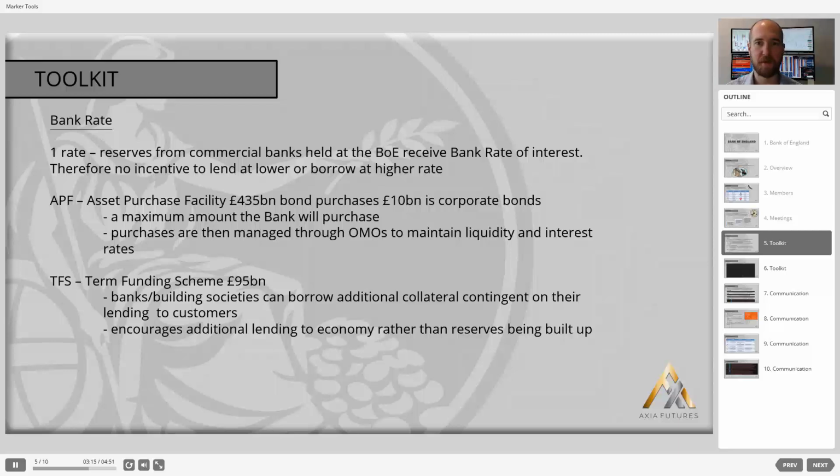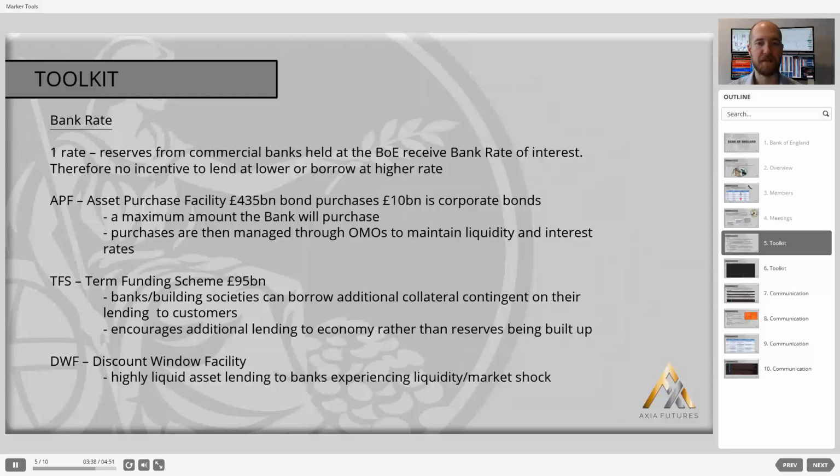The borrowing from the central bank, or the additional funding from the central bank, had to be lent out, and that was part of the scheme. The idea here is that it encouraged lending to the economy and encouraged the build-up of spending within the whole economy, rather than just a hoarding of cash as commercial banks build up their own balance sheets.